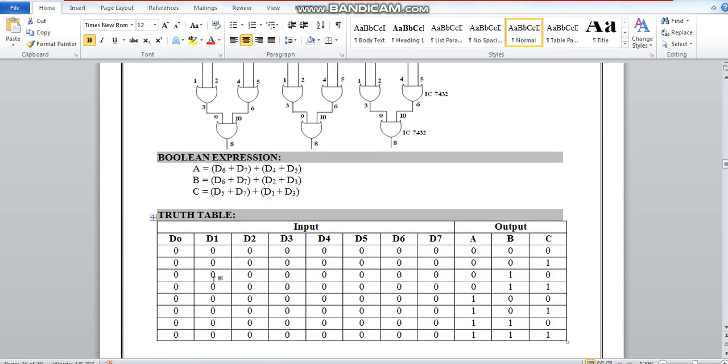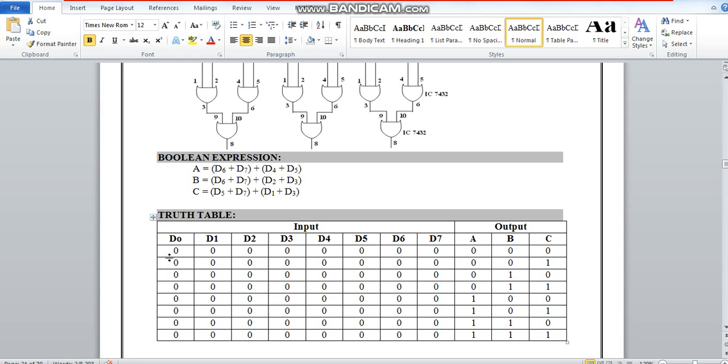So we are going to form a truth table, and according to this truth table I am going to implement my circuit. These are my data lines. When all the data lines are 0, no data will be selected, and all your outputs will be 0. If you have an enable pin, that enable pin can also be used over here.